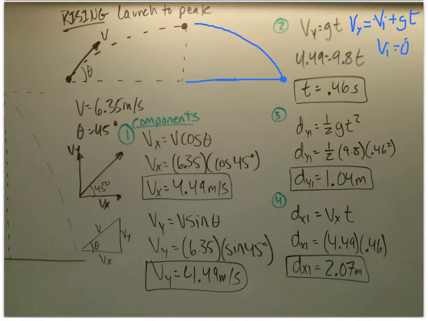So I'm going to deal with that initial Vy as if it was the Vy here falling. So Vy equals Gt will calculate the time from here to, and we're falling, to here. So I do Vy equals Gt, and I get a time of 0.46 seconds. Now that 0.46 seconds is either rising or falling. Doesn't matter. It's going to do the same thing for us.